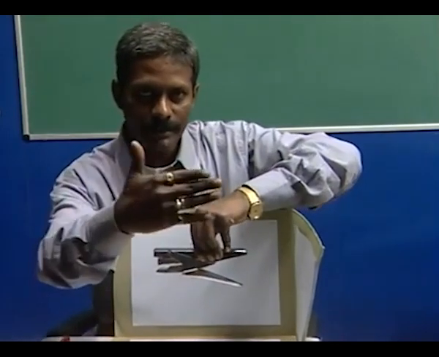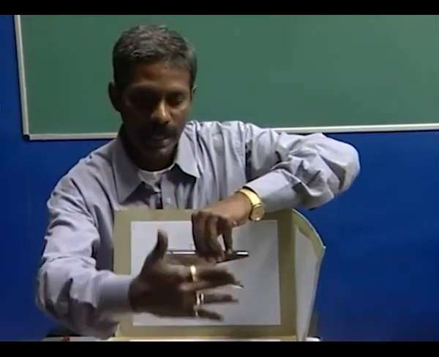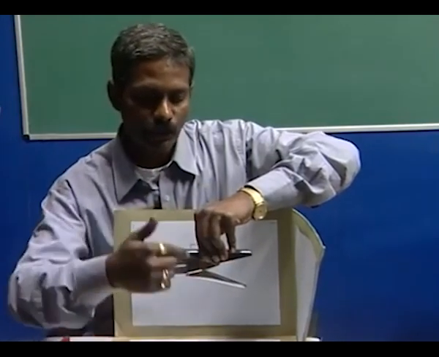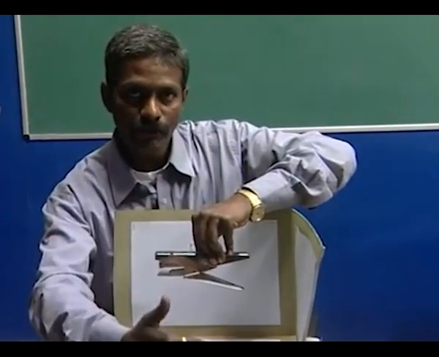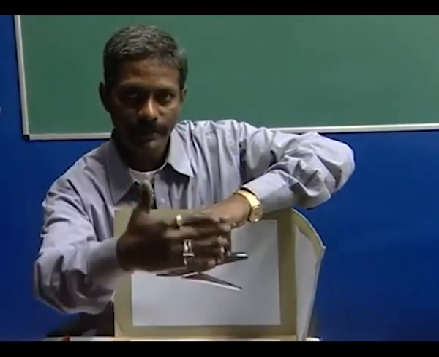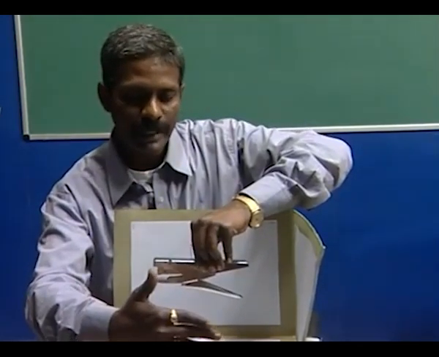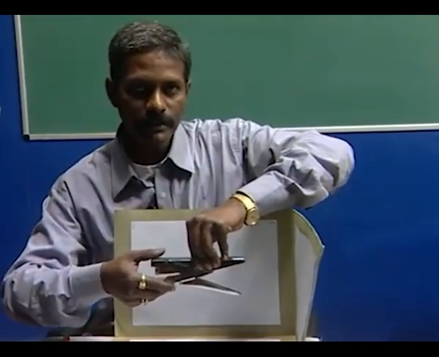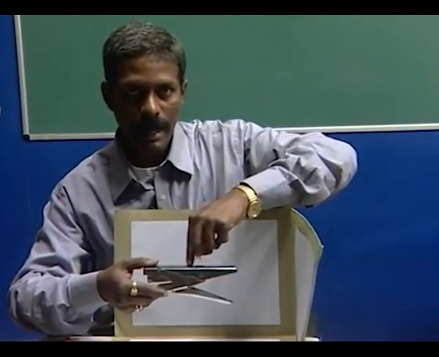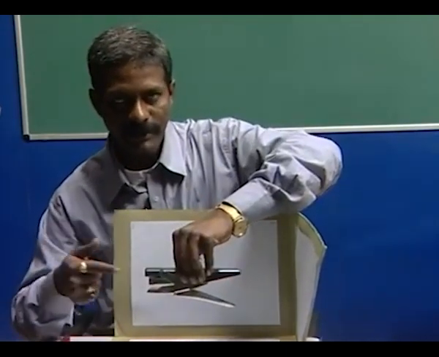Now if you imagine a plane in between you and the object, those projections are going to fall on this plane. Similar would be the case when you consider the top view and when you consider the side view.